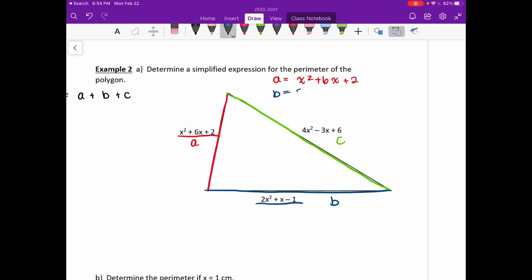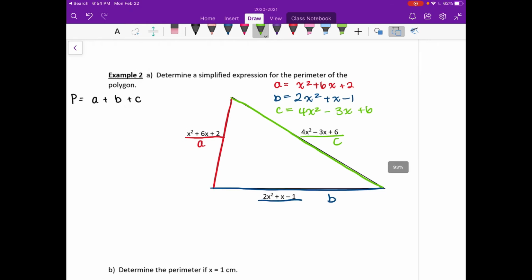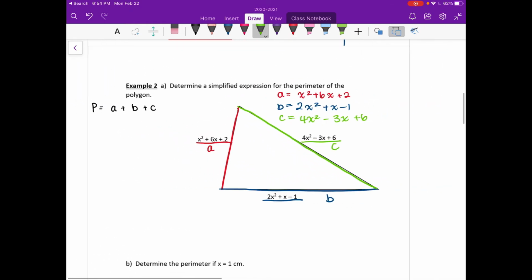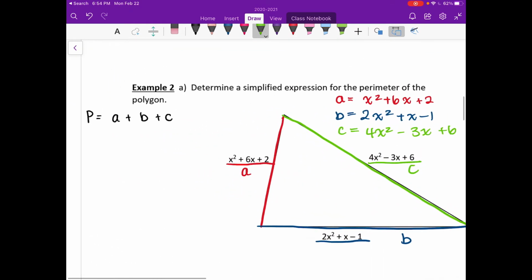B is equal to 2x squared plus x minus 1. And we know that C is equal to 4x squared minus 3x plus 6. So what I'm simply going to do is I'm going to plug in A, B, and C for what they are. So let's do that.